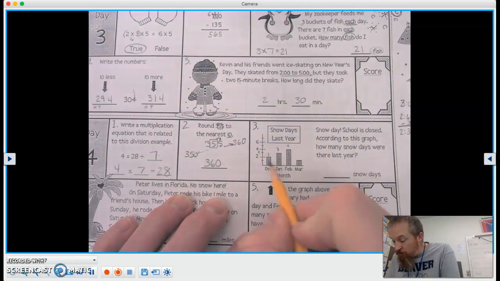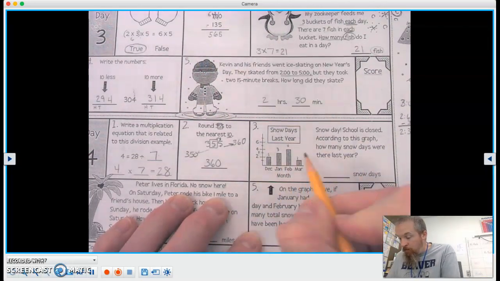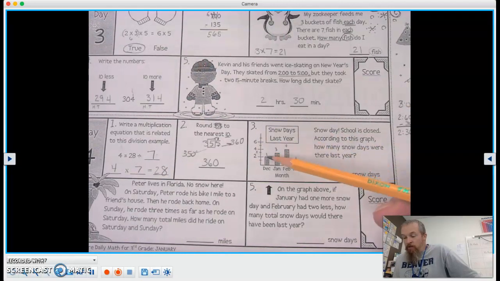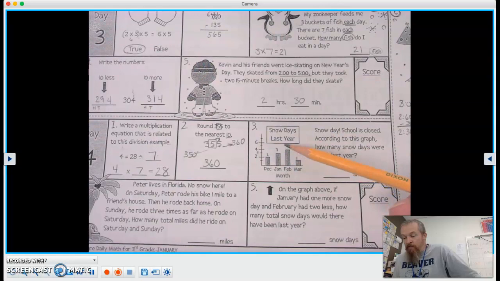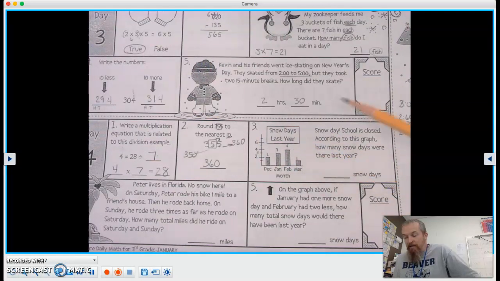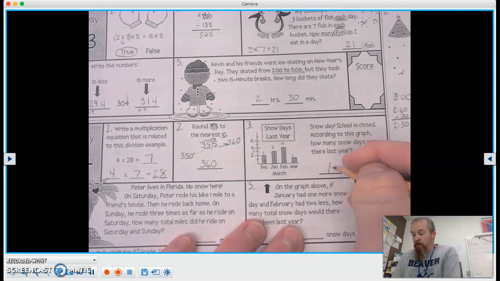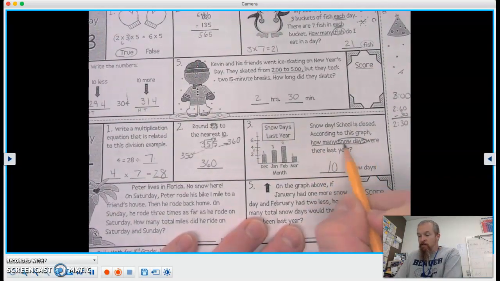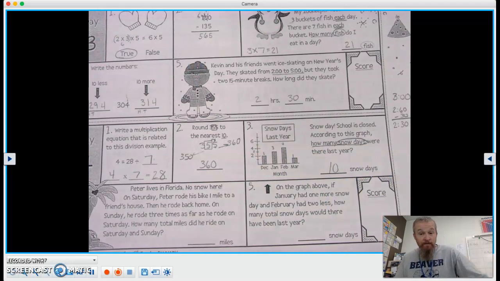And March is down here on 1. So how many snow days total were there? So we had 1, 2, 3, 4, 5, 6, 7, 8, 9, 10. There were a total of 10 snow days. So how many snow days? 10 snow days.